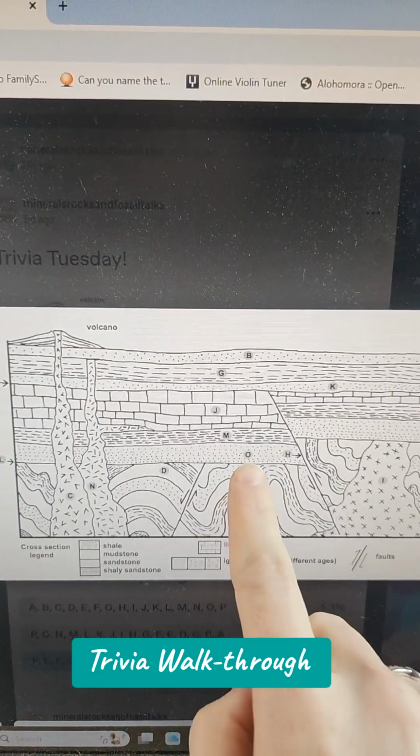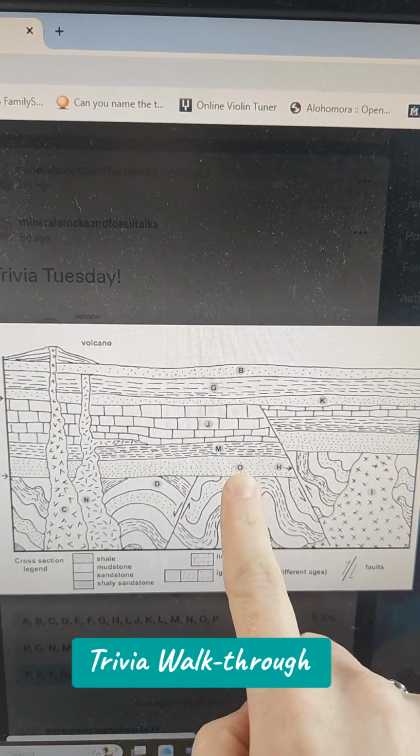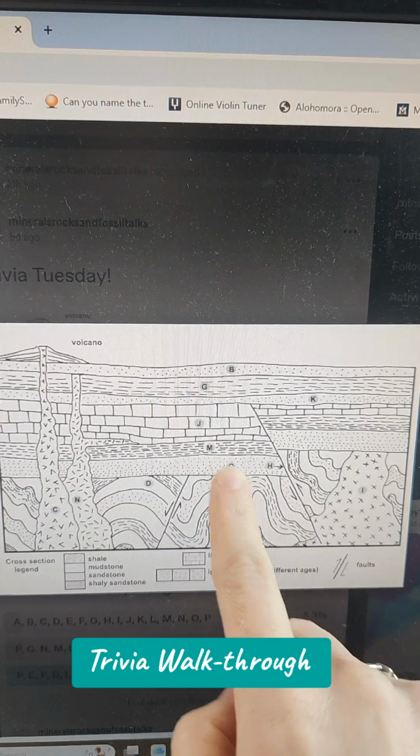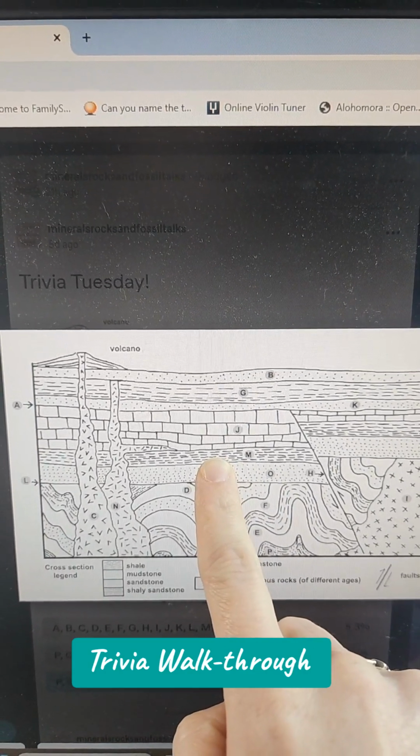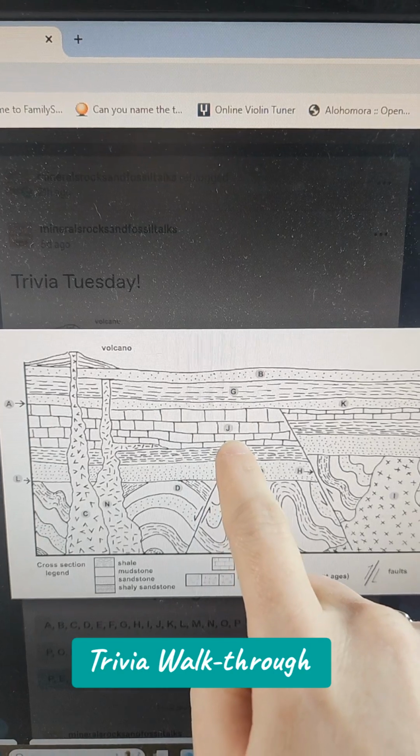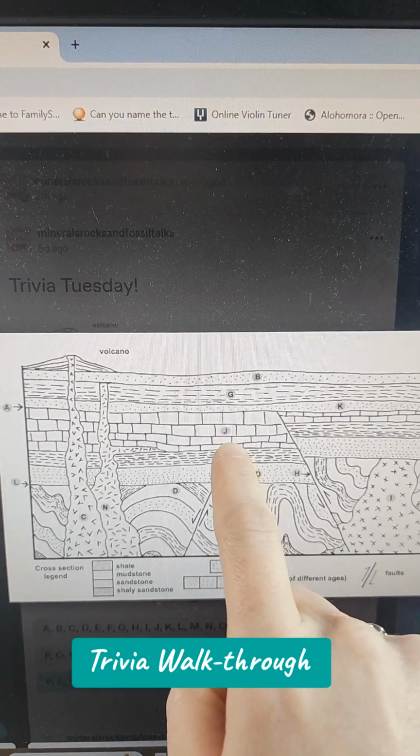And then you'll have O, which is the sandstone layer that has been deposited here. Then you have M, which is a shale layer. Then you have J, which is a limestone layer.